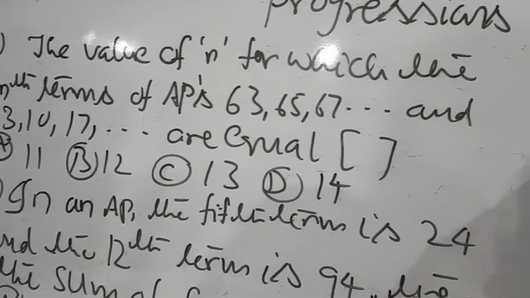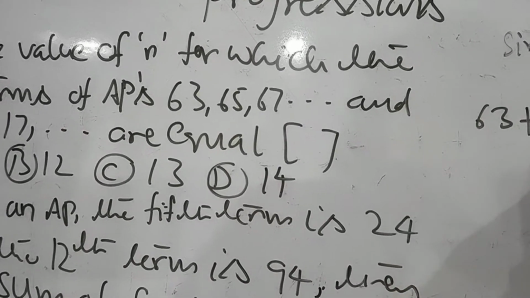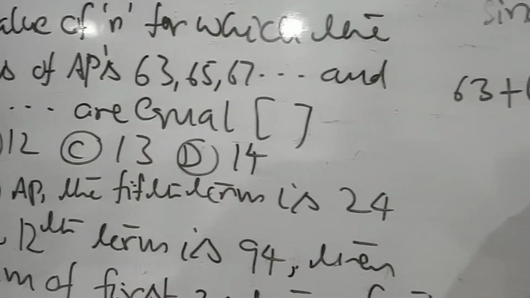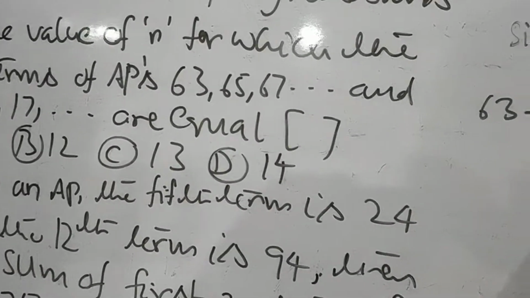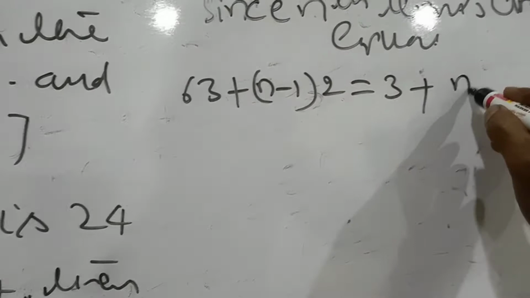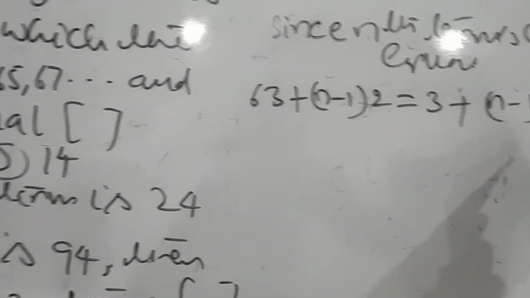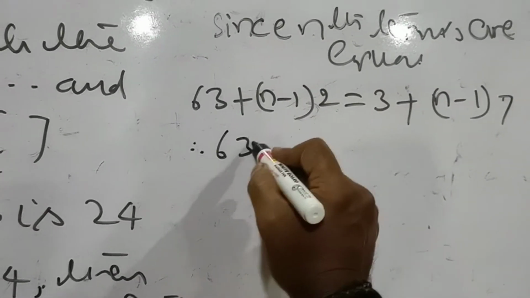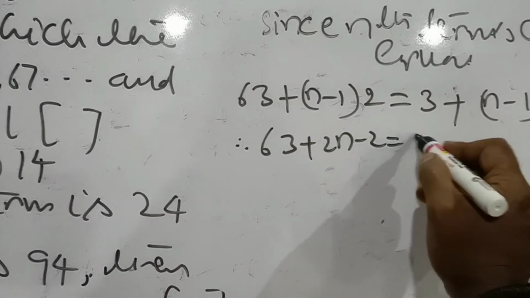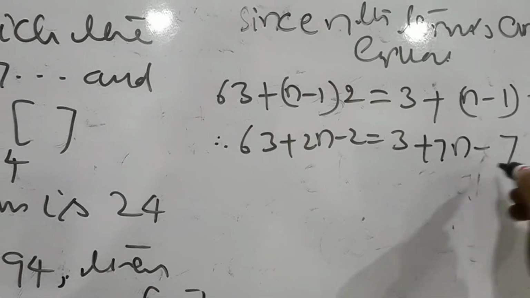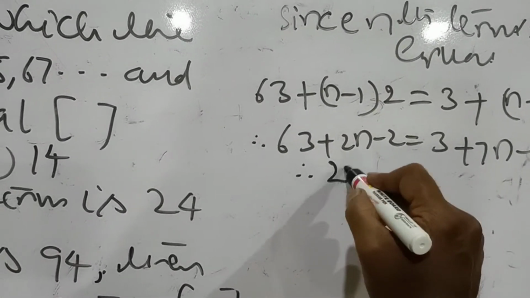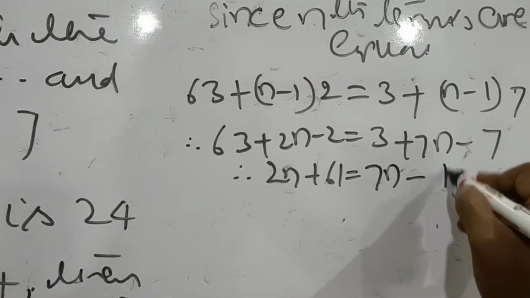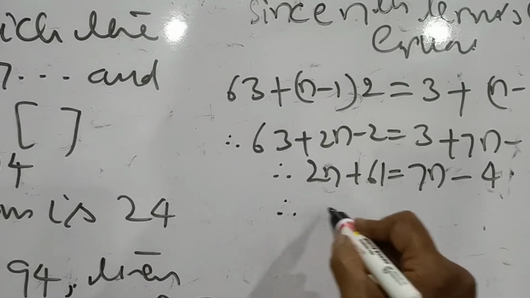Nth term of the AP is a plus n minus 1 into d. 63 plus n minus 1 into, how much is d here? 2. Similarly, 3 plus n minus 1 into 7. So 63 plus 2n minus 2 is equal to 3 plus 7n minus 7. 2n plus 61 is equal to 7n minus 4.